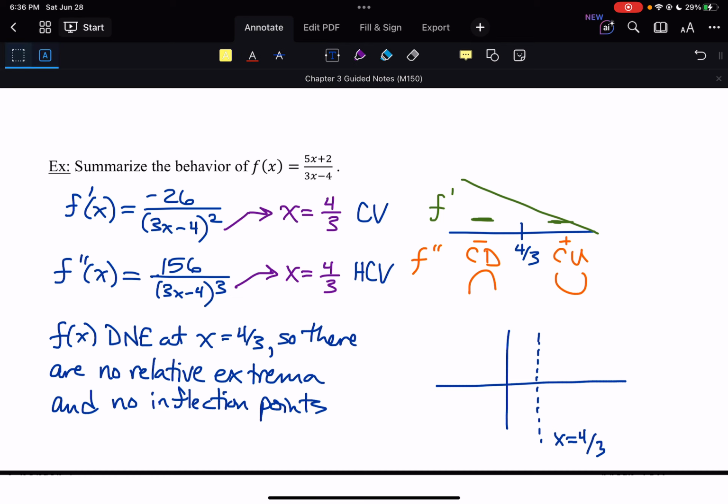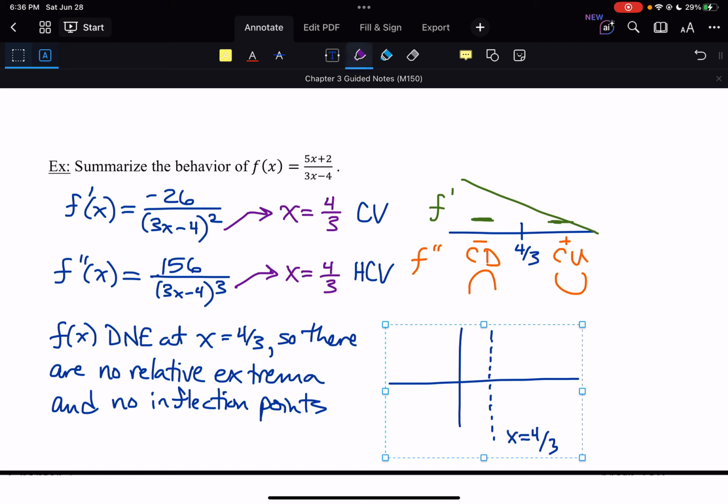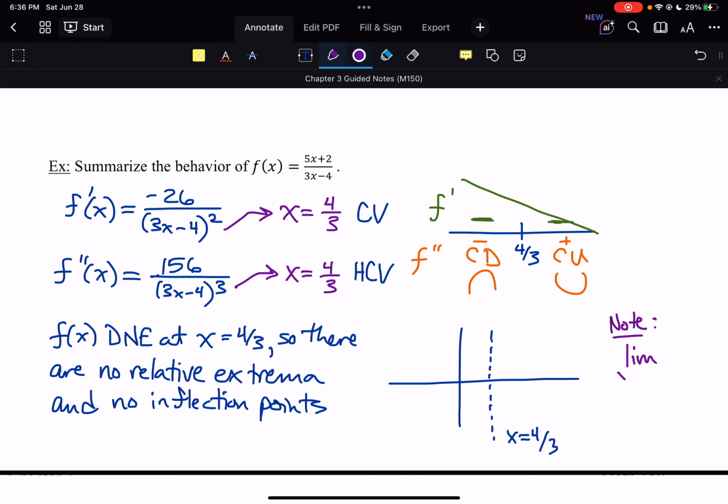So actually, if I move this over slightly, note, if we took the limit as x approached positive or negative infinity of 5x plus 2 over 3x minus 4, that limit is 5/3. So somewhere up here, there is a horizontal asymptote at y equals 5/3.